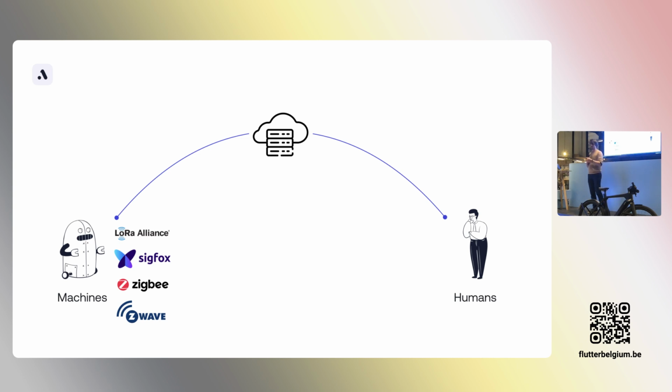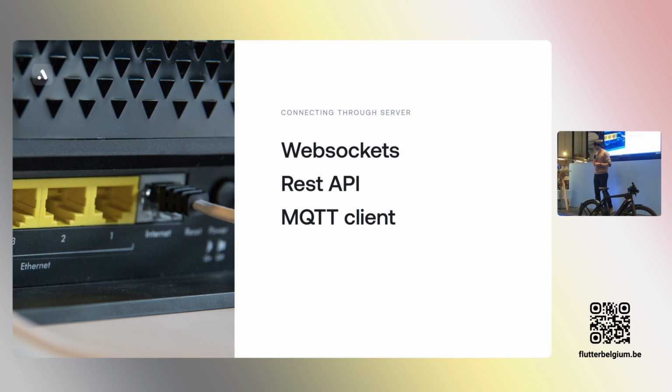The disadvantage is that you need an internet connection. So it could add some extra delay to your app compared to a direct communication channel. Technologies that you can use, in this case of IoT, are WebSockets, a REST API, or, and that's the most common one today, an MQTT client.